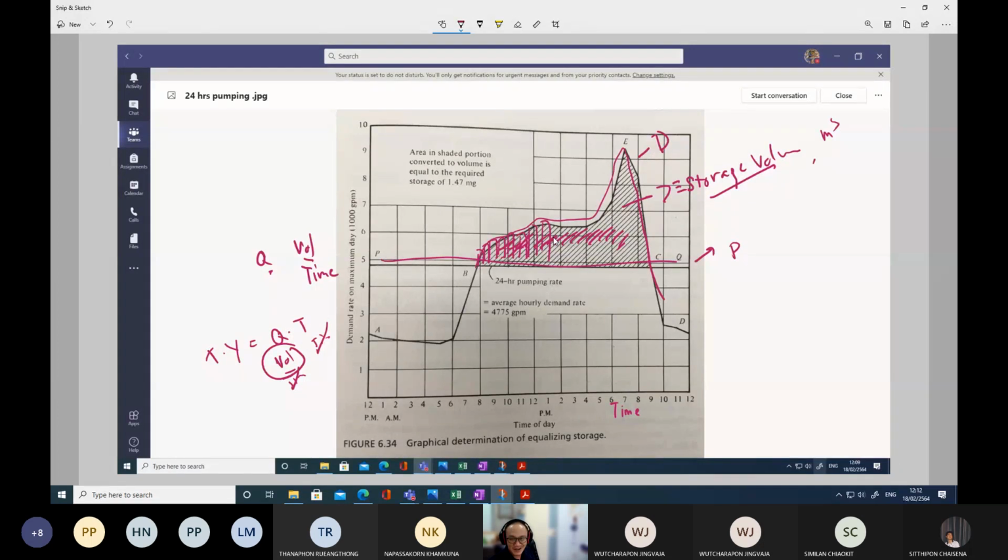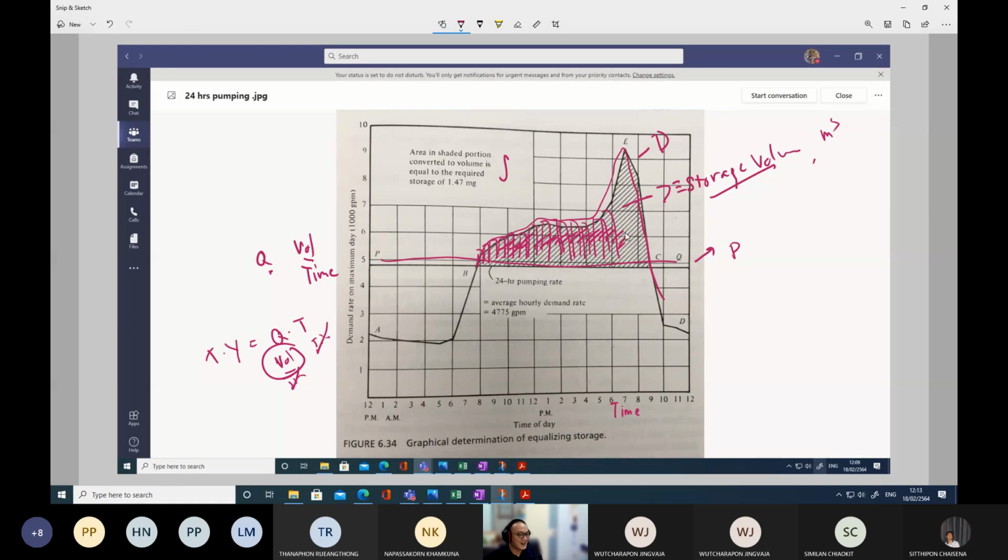So you have to determine the shaded area by using integration. But if you don't integrate, you may use Simpson's rule to determine the area in each strip, which is very difficult. But we have another way to determine this shaded area.